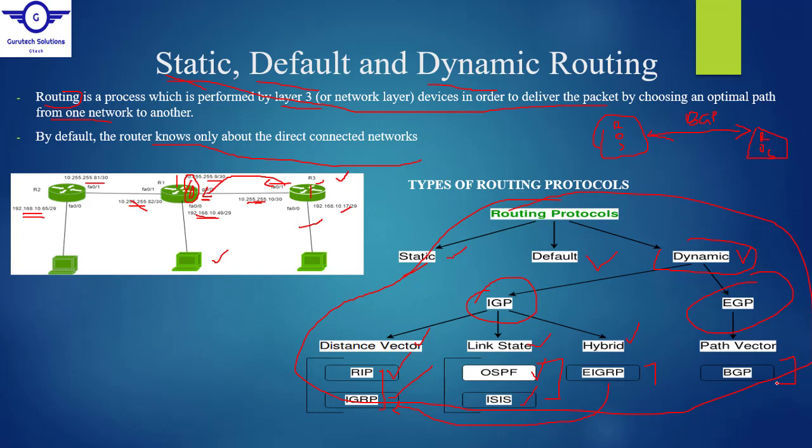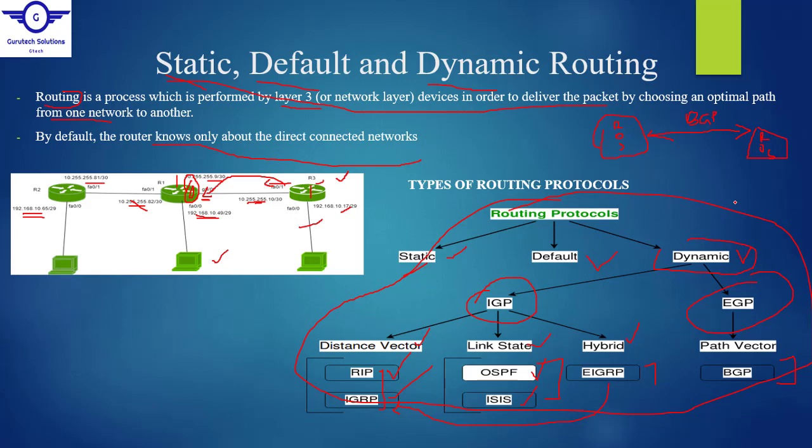From the next classes, we'll start with static routing, then default routing, then much of our time will be in dynamic routing to understand how to configure all these routing protocols under dynamic routing. After we have done configuring all these protocols, I hope you will understand how you can configure routing protocols to enable devices to communicate in a network, let's say a network that has 3 or 4 routers.